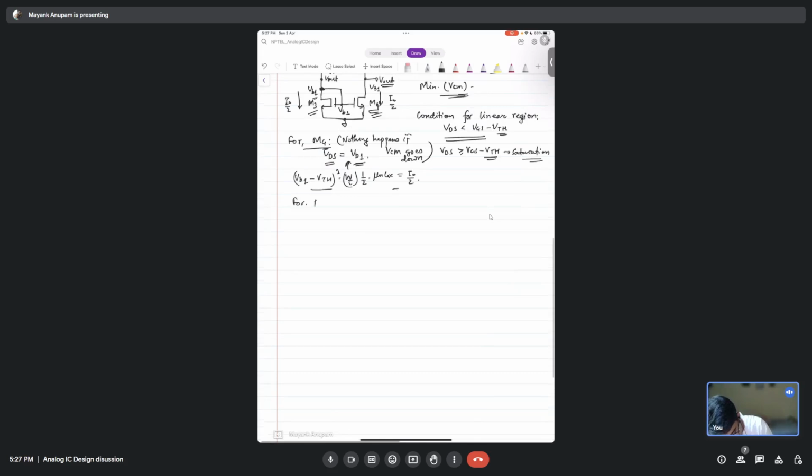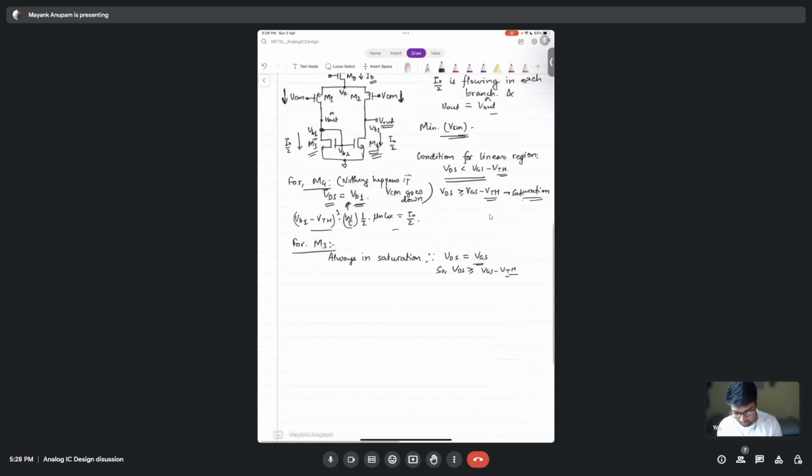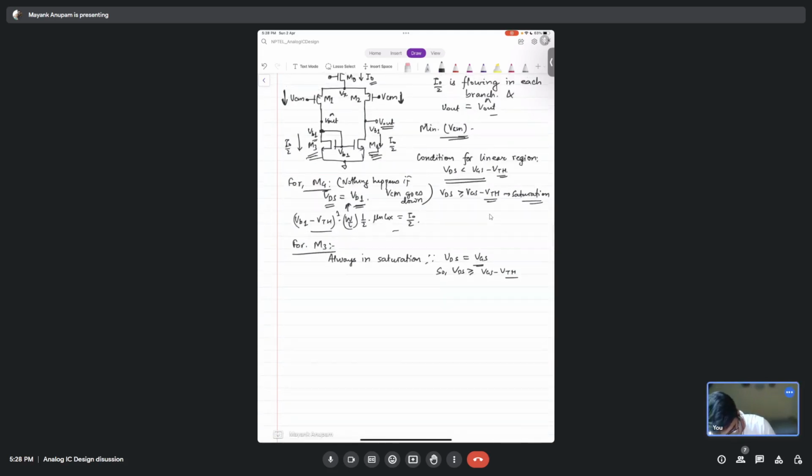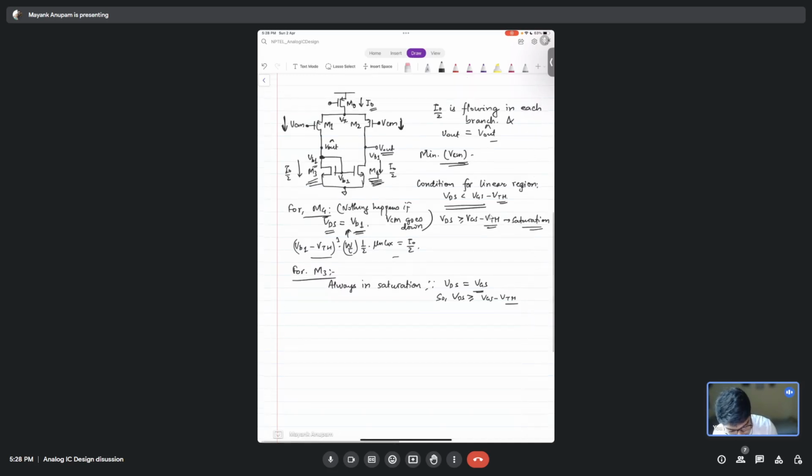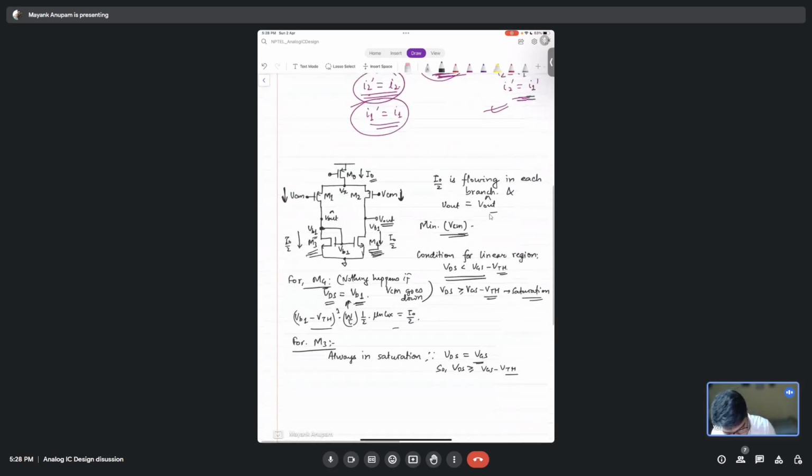Now for M3, always in saturation, since VDS is always equal to VGS, isn't it? So VDS will always be greater than VGS minus VTH. Correct? Now tell me, so M4 and M3 are safe, isn't it, if VCM goes down. So what happens to M1 and M2?